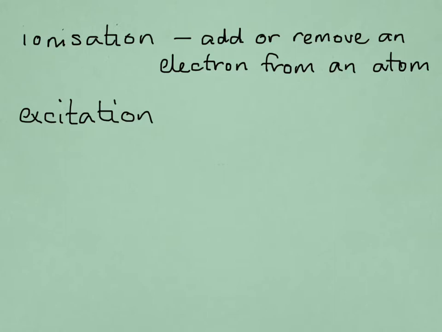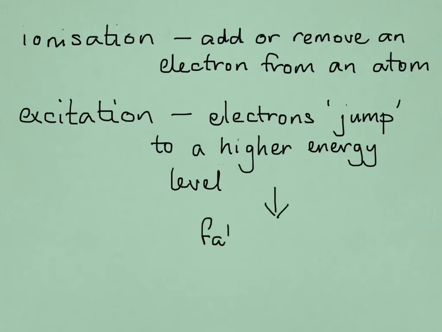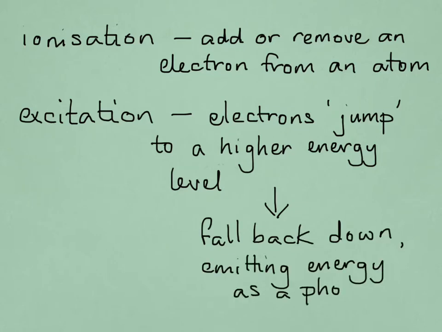But if the energy isn't enough to actually ionise the atom, it could still excite it. And that means that the electron jumps from one energy level to another, but stays inside the atom. So that tends to be an unstable state for the atom, with its electrons up a level, or up more than one level.